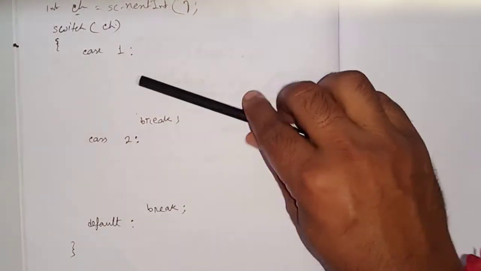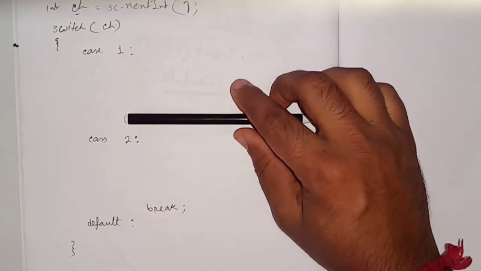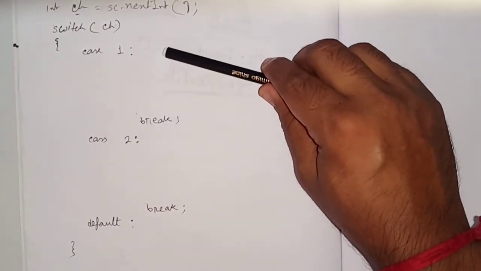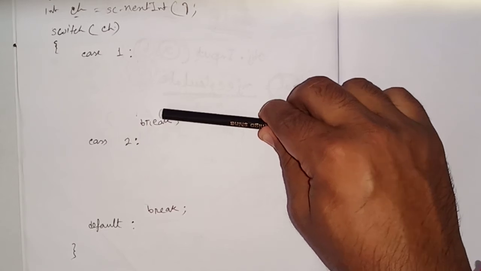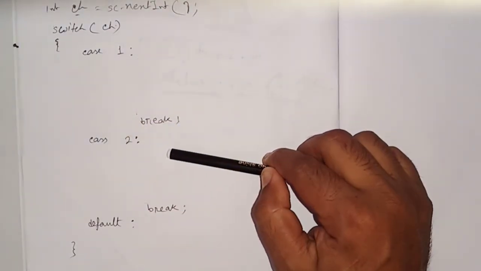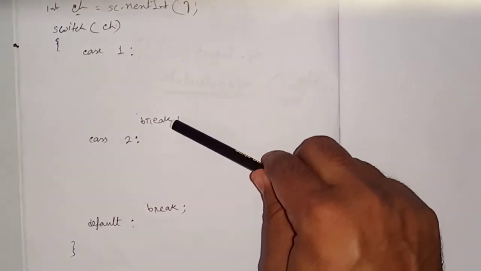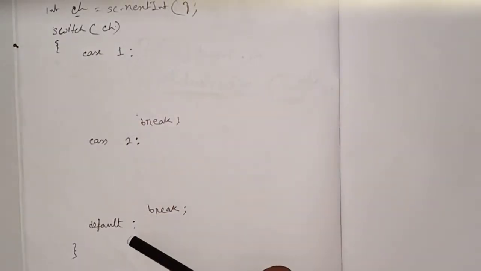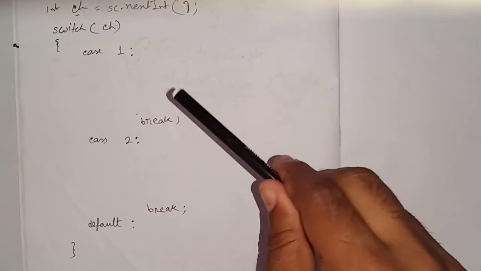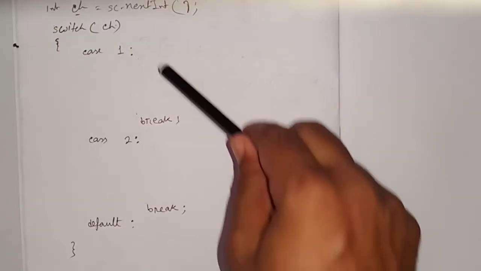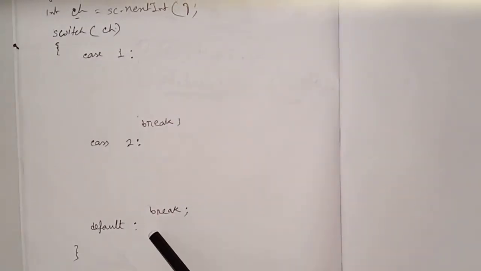If you don't write this break and you press 1, after doing the entire calculation of 1, it will enter inside the second case. If you write break, it helps you exit from the entire switch case. This is the use of break.